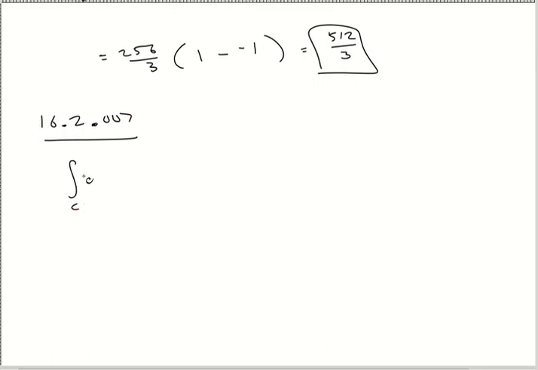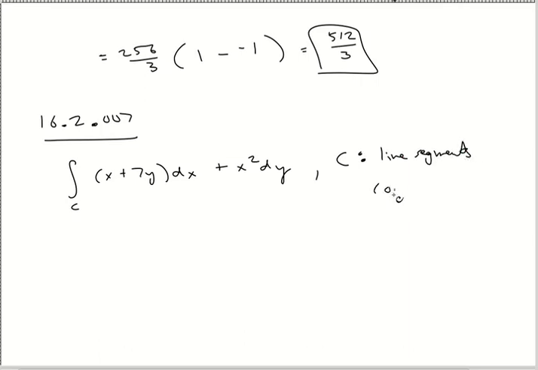Okay, so we got integral over a curve, x plus 7y dx, be careful, plus x squared dy. Now this is just completely different, so we're going to have to kind of learn how to make this thing work with us. They're saying that my curve is consisting of 2 line segments.